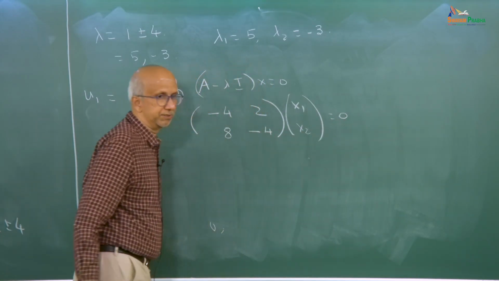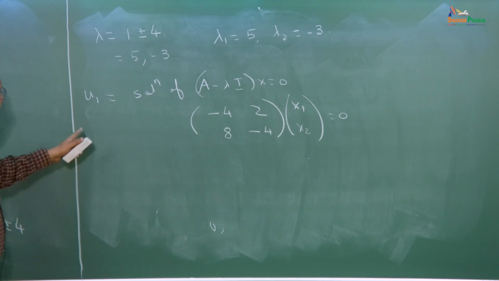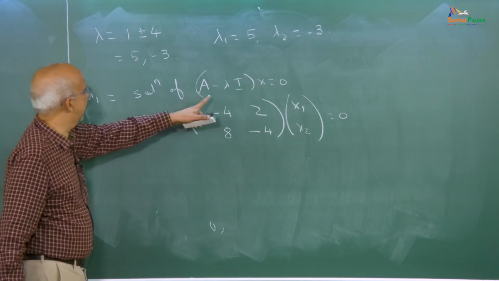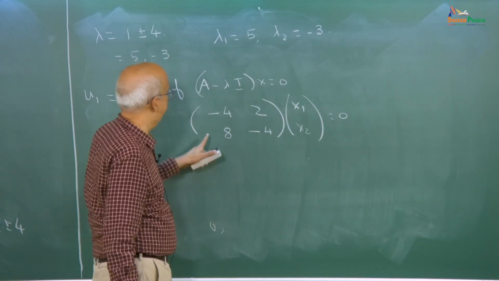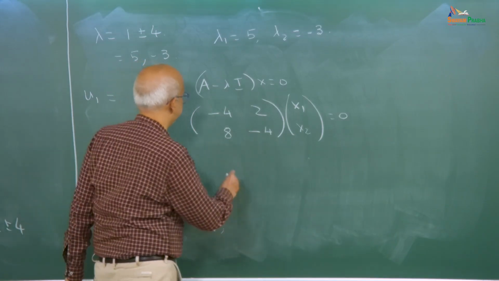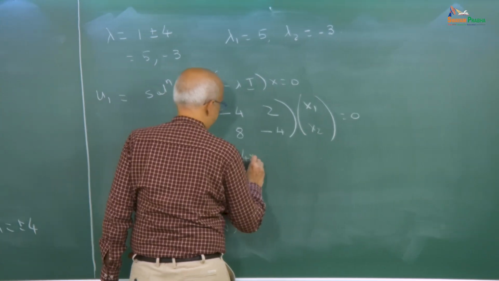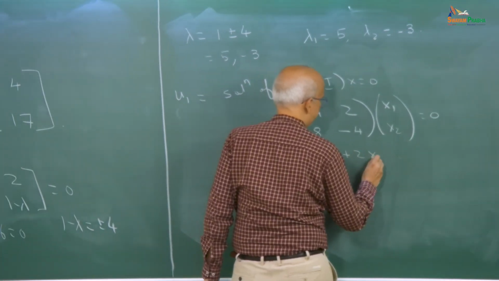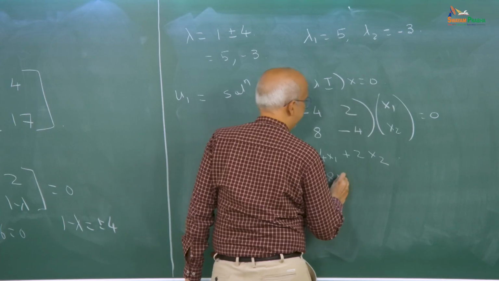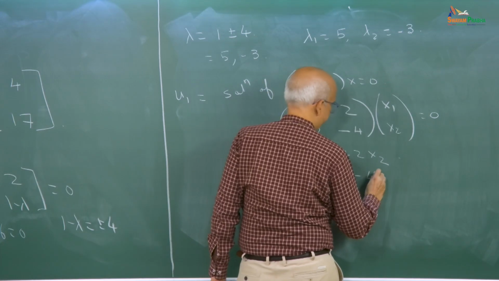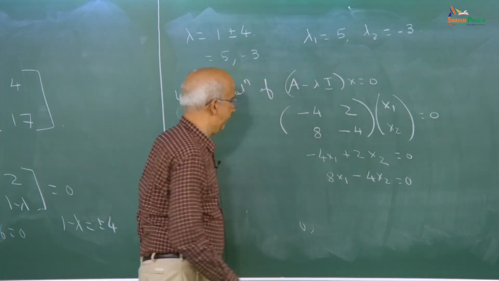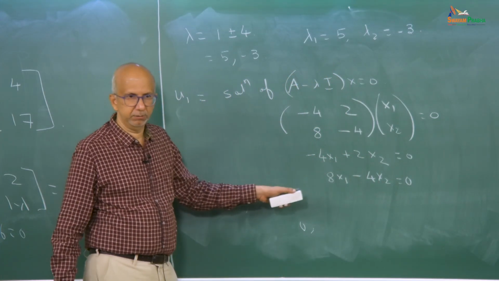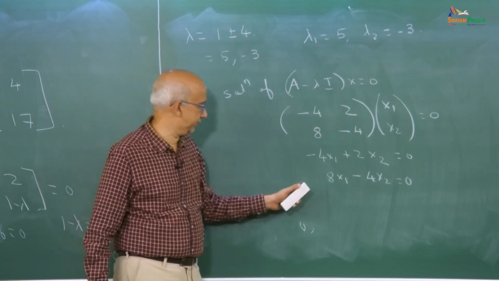So, this is minus 4 x1 plus 2 x2, 8 x1 minus 4 x2 equal to 0. They are basically dependent equations, minus 2 times this gives you this.